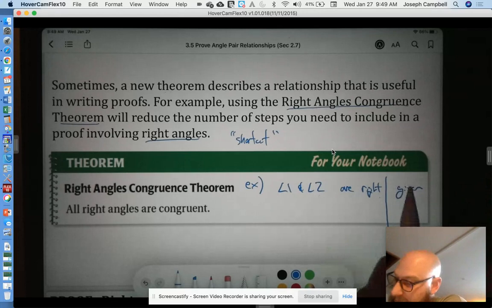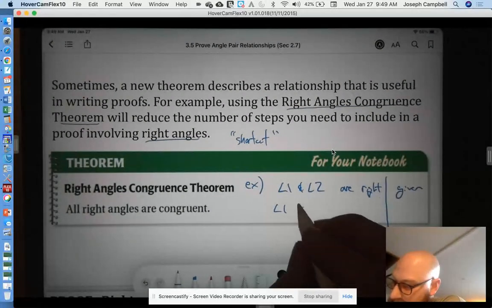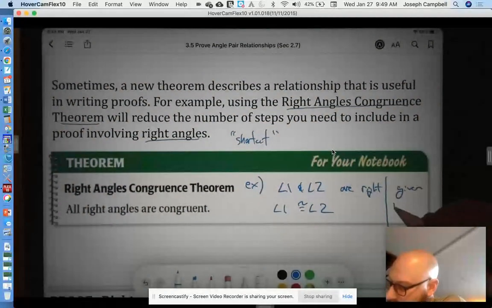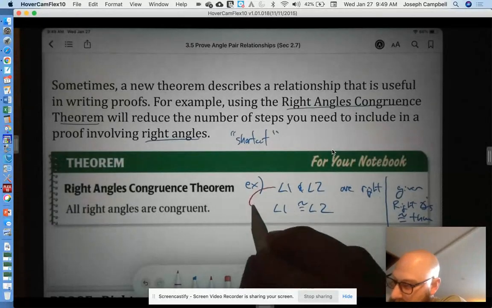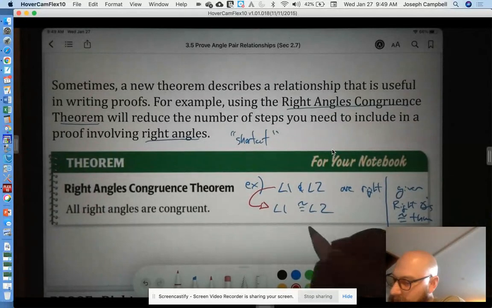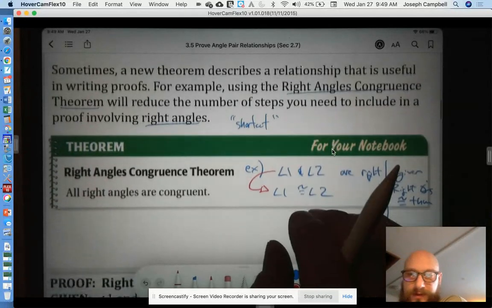And then you'd be able to say, okay, angle 1 is congruent to angle 2. I already know that because of the right angles congruence theorem. Okay, so this allows us to go right from being told that they're right angles to being told that they're congruent. And if they're congruent, of course, they're equal, and that'd be the next line.